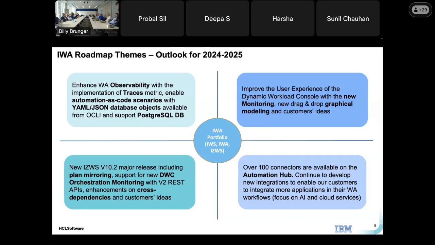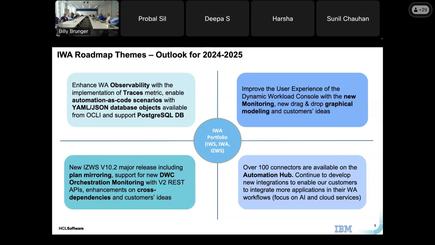By the way, we have also introduced the possibility to orchestrate GenAI services. That can be useful if you want to insert in your workflows, in your job streams, the usage of GenAI services for some specific purpose, and then retrieve the output and process it with some other services.